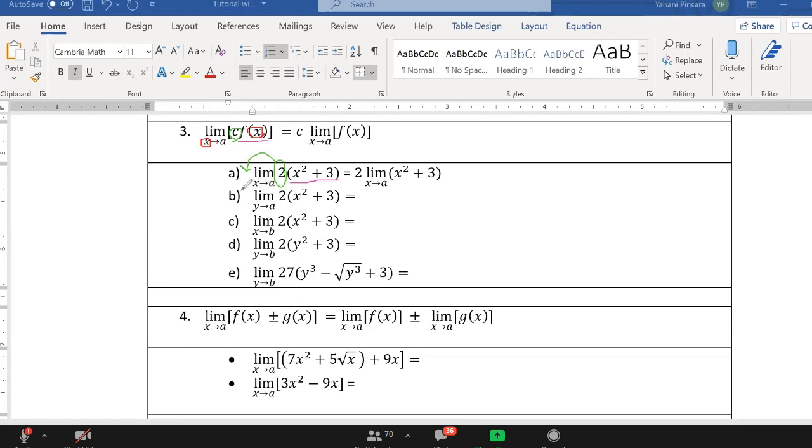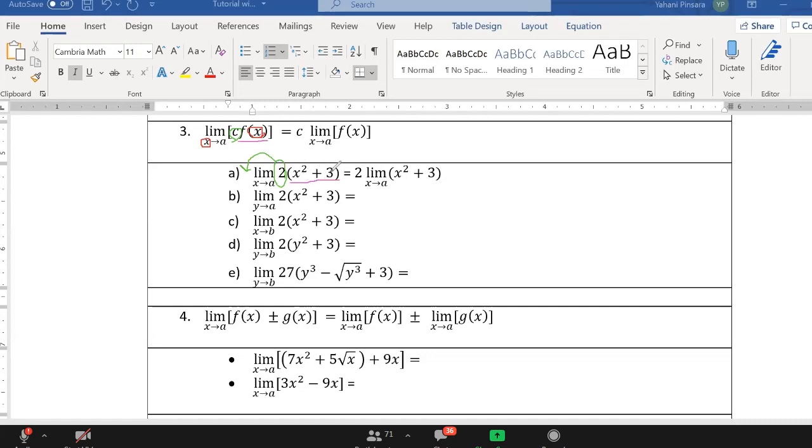So the function in front of the limit is this one, right? So how do we find whether the function is a function of the limit's variable? What you have to look for is whether the limit's variable exists in the function.